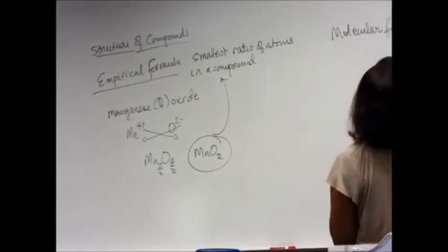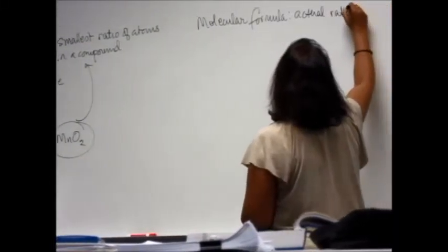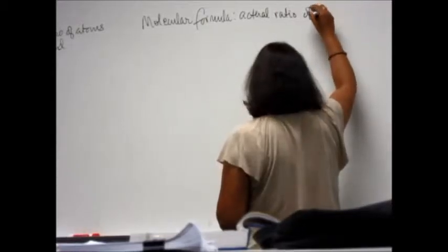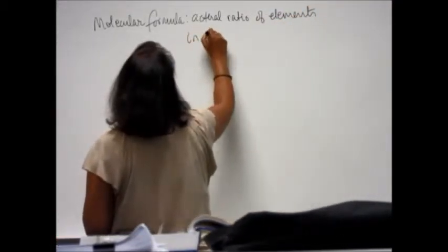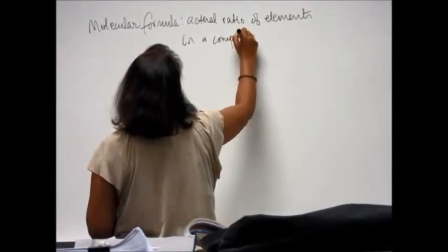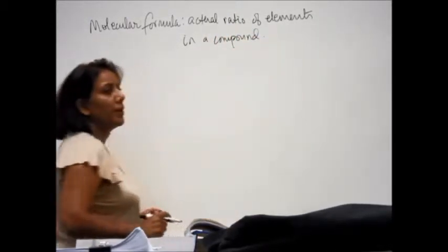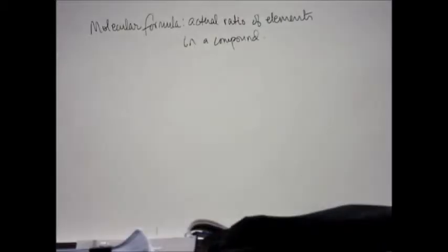And this is the actual ratio of elements in a compound. So even if we take this example, this is the empirical formula, MnO2, for manganese 4 oxide.